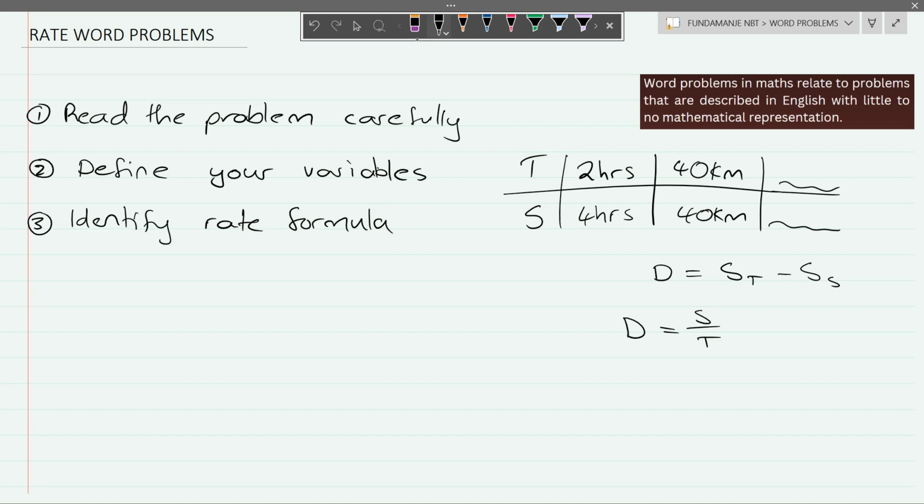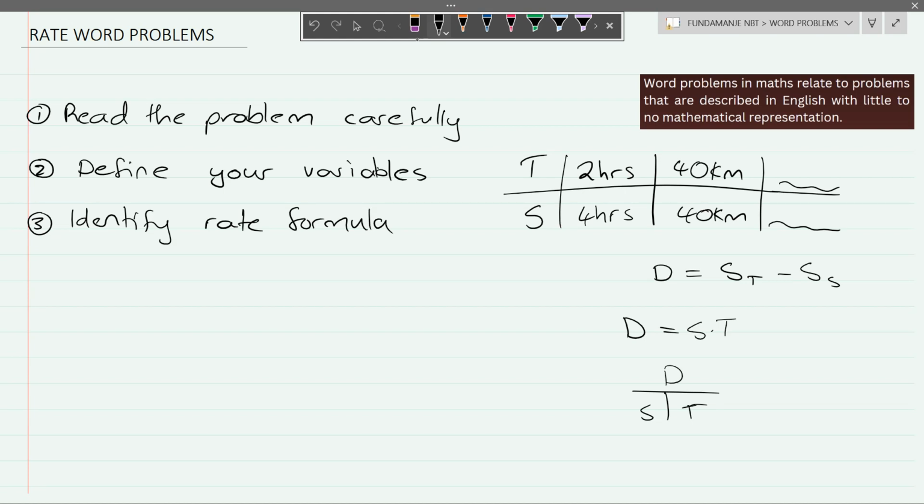Yeah, this is the formula you use. In this case, you arrange it in such a way that you're solving for what you're looking for. So actually it's distance is equal to speed multiplied by time, because it's DST, like that.